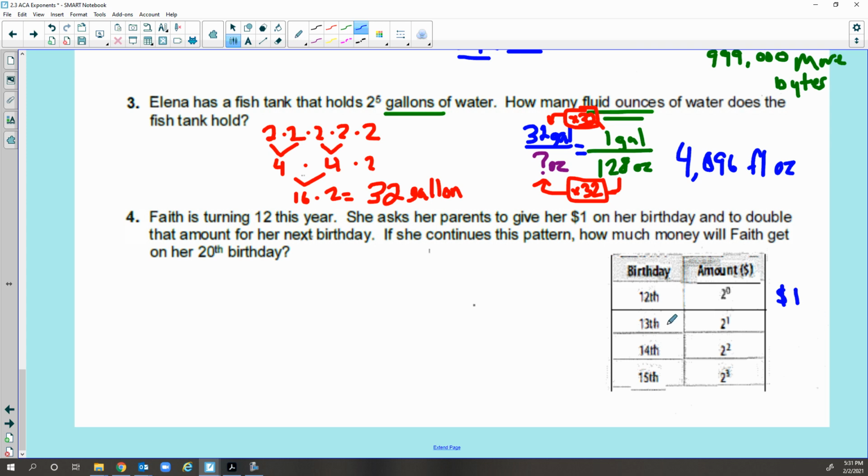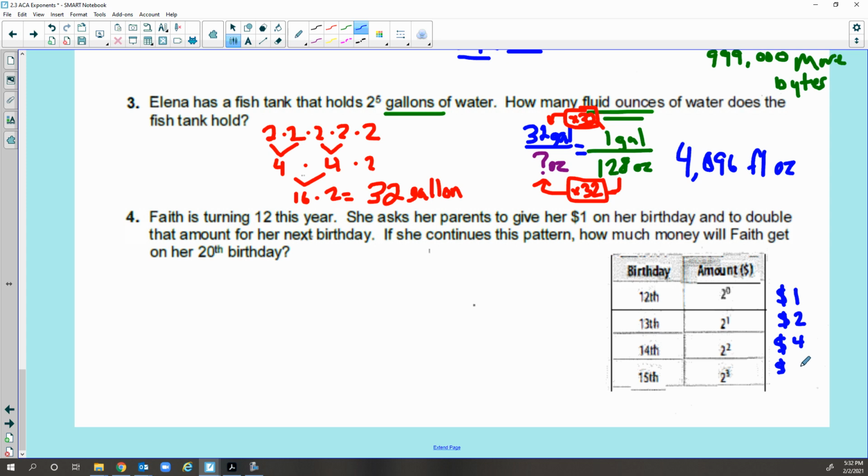So her 13th birthday, it'll double. 2 to the 1st, which would be $2. 14th birthday, it'll double. $4. 15th birthday, that's 2 times 2 times 2.